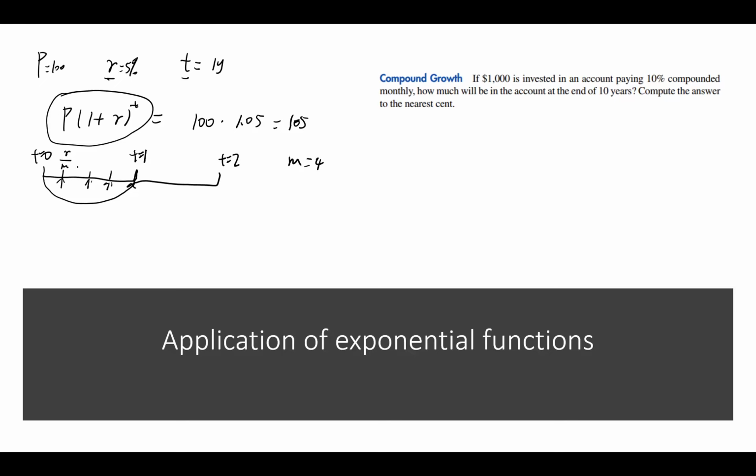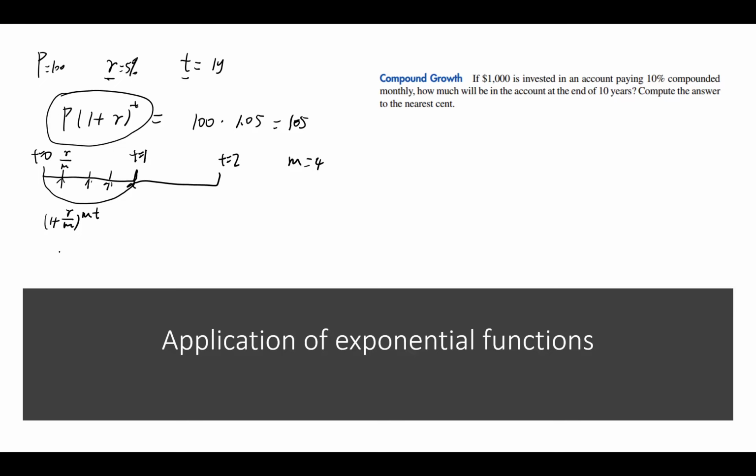This is the interest rate I would apply when I do the compounding at each specific period. So each period's factor is 1 plus r divided by m. And because I need to do this multiple times, I need to raise it to the power of m times t. That's what happens if you have multiple compounding periods.